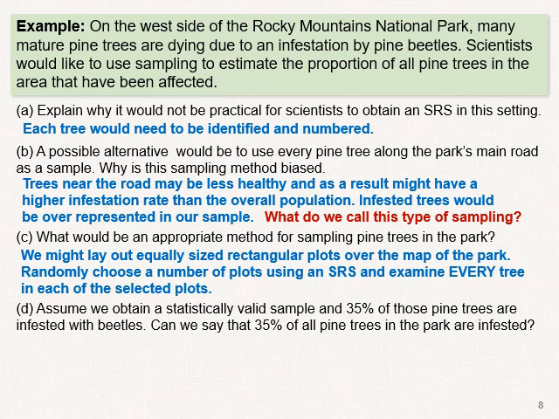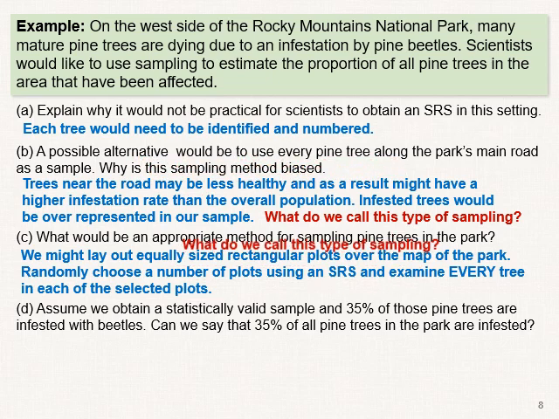And then we use an SRS to randomly select a number of these areas. And then using GPS, we would go to those areas and sample every tree in those areas, right? So maybe we sample 20 different plots of land. We go to each one of those plots and we look at every single tree and assess whether they are infested with beetles or not.